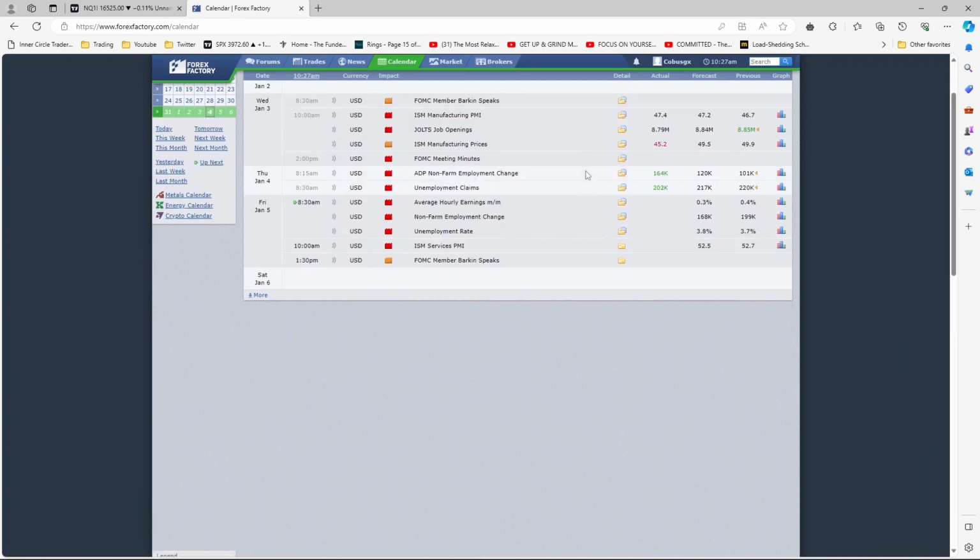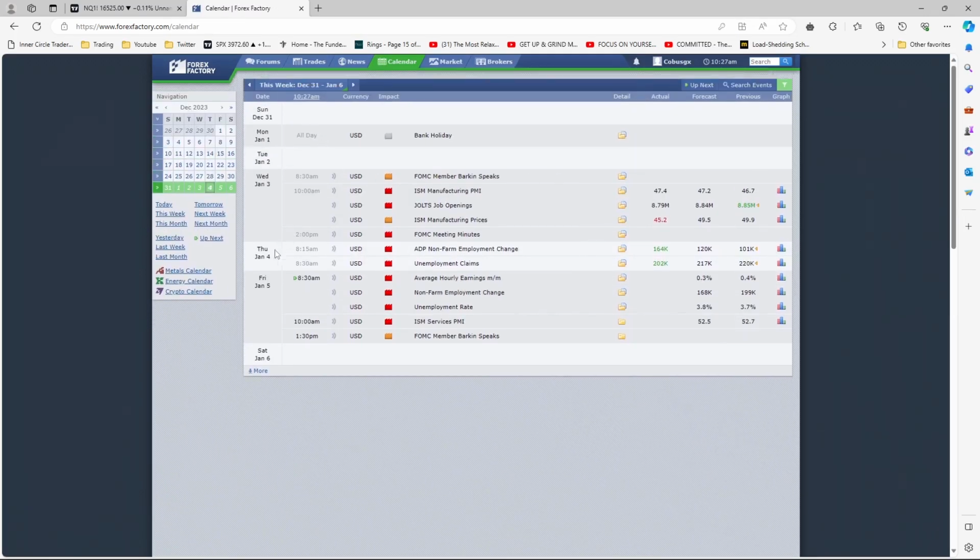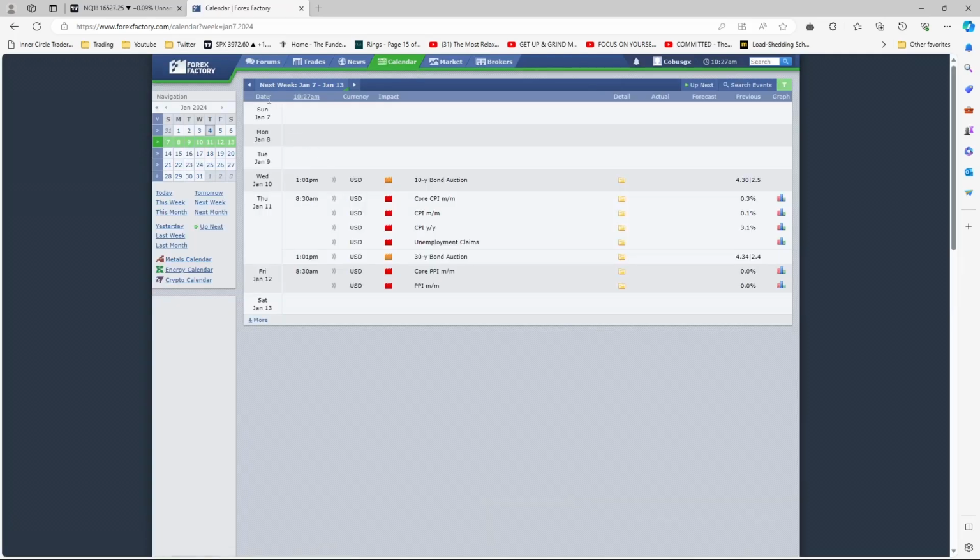If we quickly open up the calendar, we have NFP today. And if we look at next week, we don't really have much going on Monday or Tuesday, even Wednesday. Only Thursday we have CPI and then PPI on Friday.